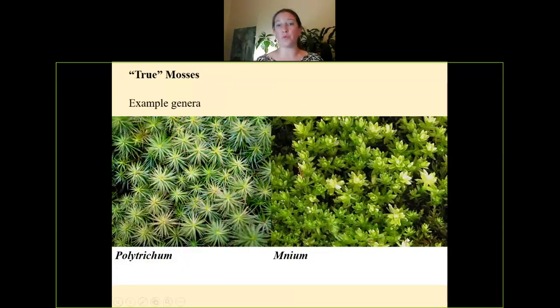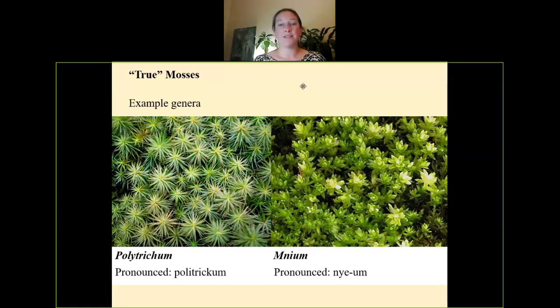So here we'll start talking about true mosses. We're going to talk about two genera, right? Genera is the plural of genus. Polytrichum is the one we'll spend most of our time talking about. The other one, I don't think I'm really going to go into, but just so you know, if you see these words: Polytrichum is the genus name of this true moss on the left. And then Niam is the moss on the right.